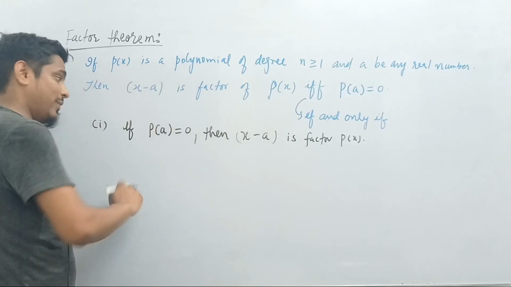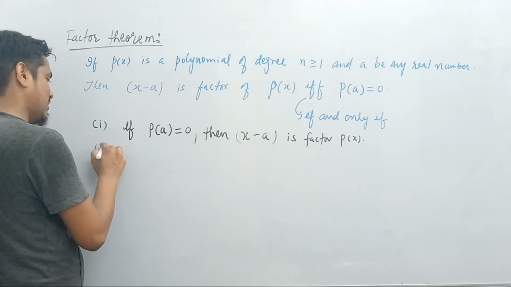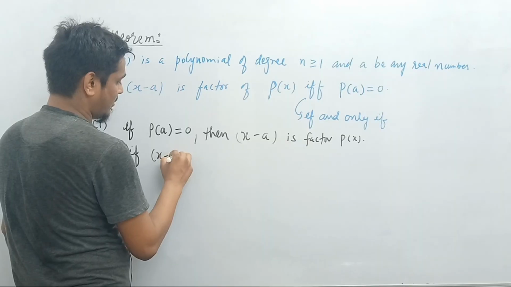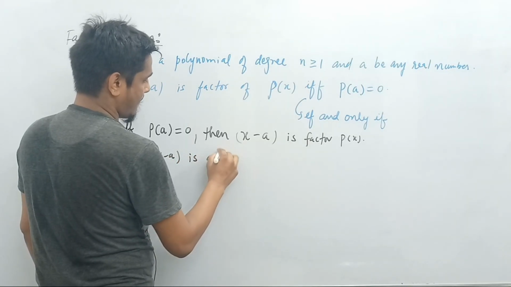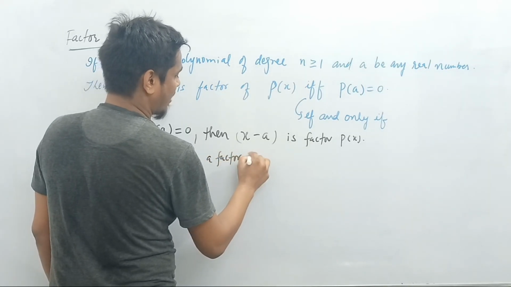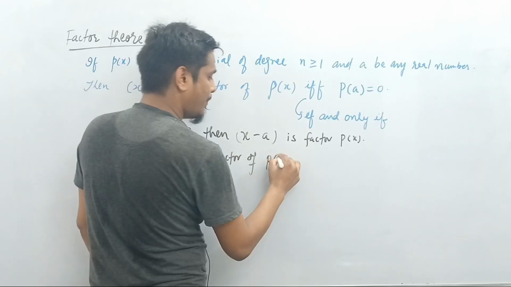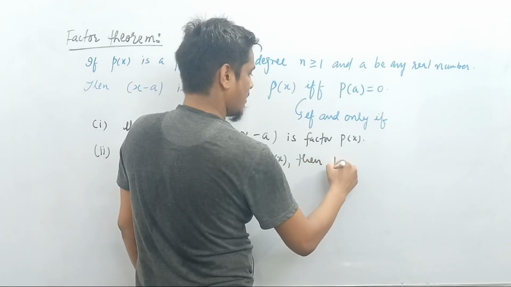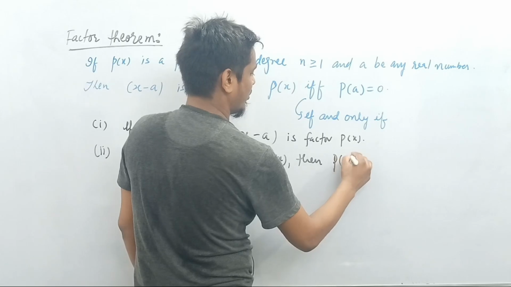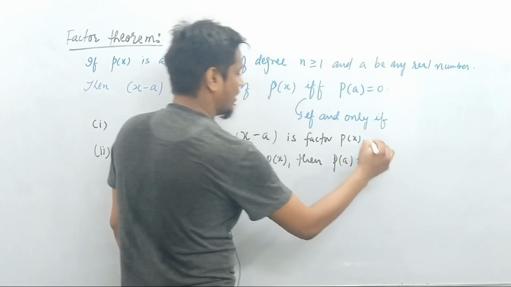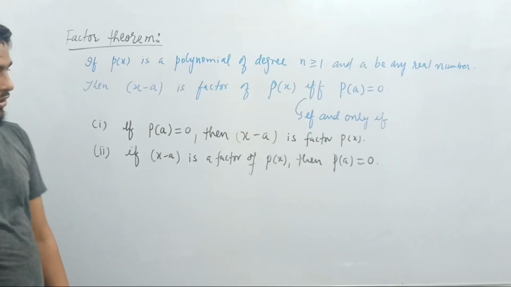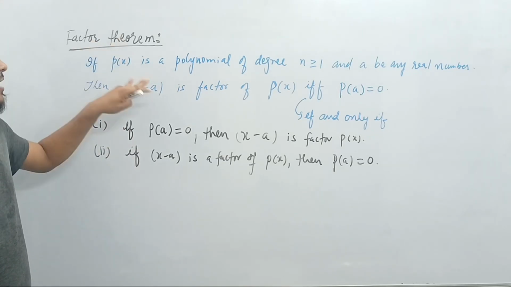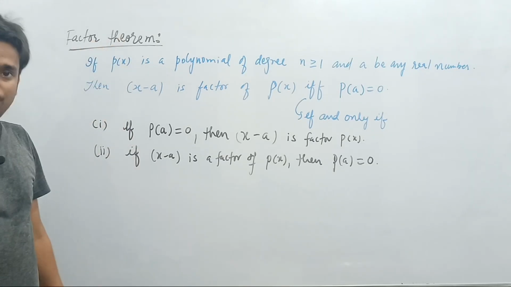And in another way we say that if x minus a is a factor of p(x), then p(a) is equal to 0, the value of the polynomial at a will be 0. So this is exactly the meaning of this factor theorem.